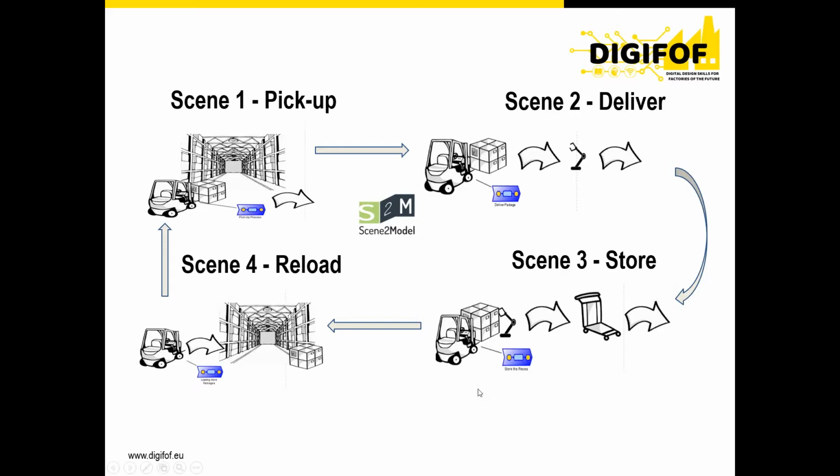The third scene is where the robotic arm separates the pieces and puts them in the right container. And the fourth scene is where the mbot comes back to the loading station, gets filled up with pieces, and goes back to the robotic arm and so on. It's a cyclic action.